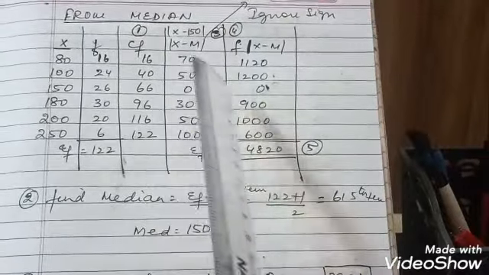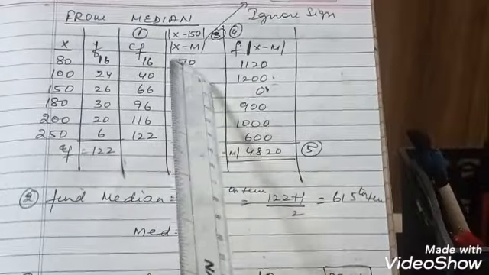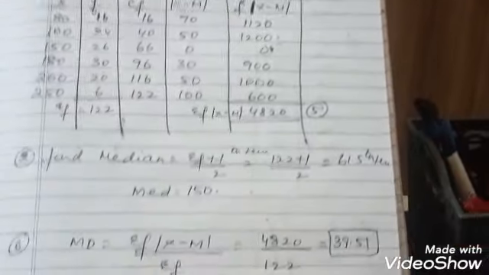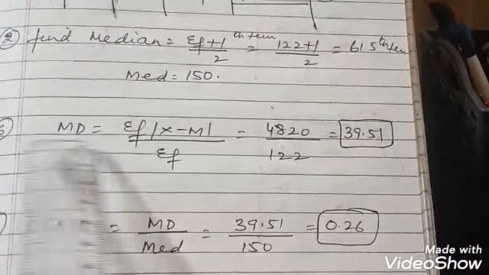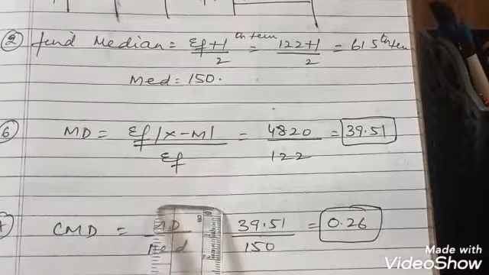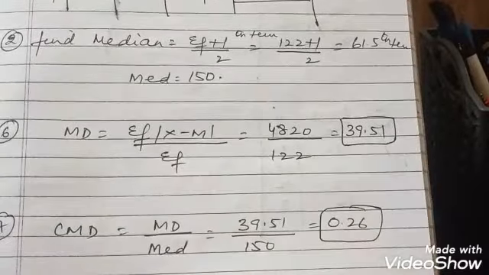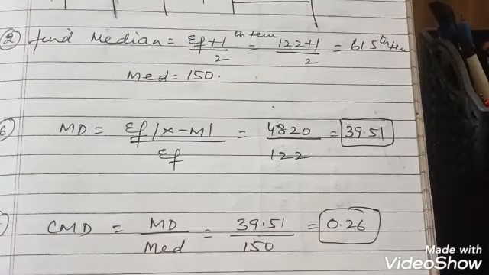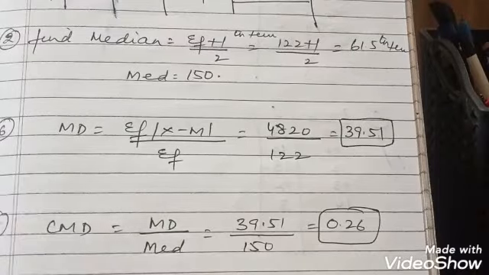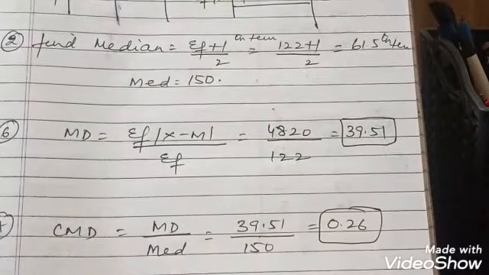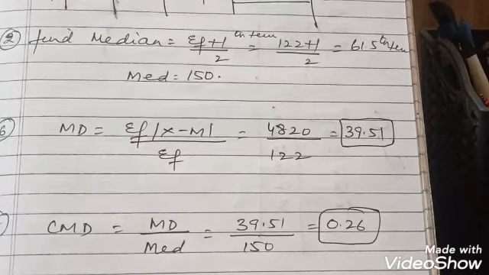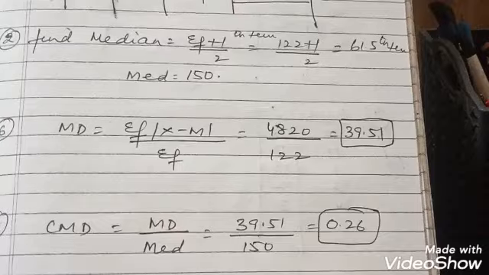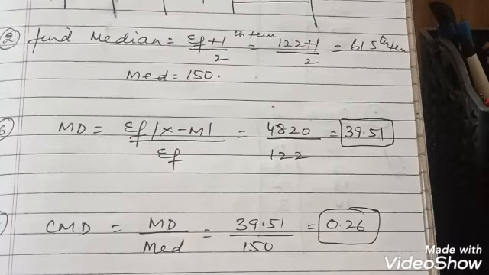Then you will multiply f into modulus of x minus m, and then you get the total of this. And then below that you find mean deviation. The formula is sigma f into modulus of x minus m upon sigma f. The answer comes. If you have to find CMD, it is mean deviation upon median. Children, if CMD is asked you will find it, otherwise your sum ends here. So you are basically going step by step. Okay, so we are done with mean deviation and its coefficient in case of discrete series by mean and median.